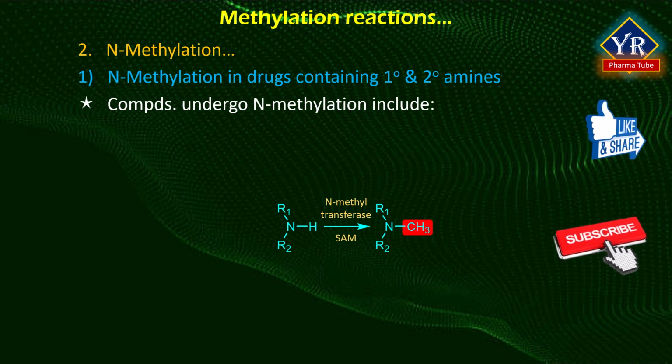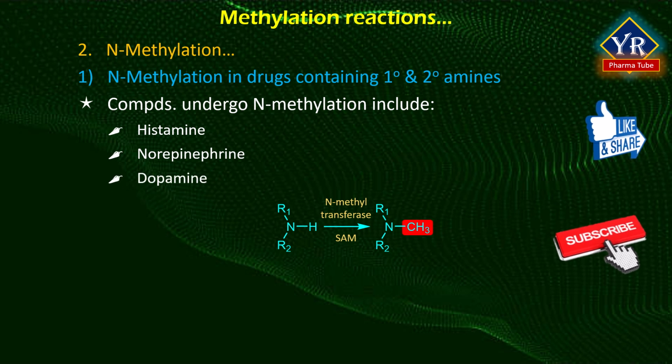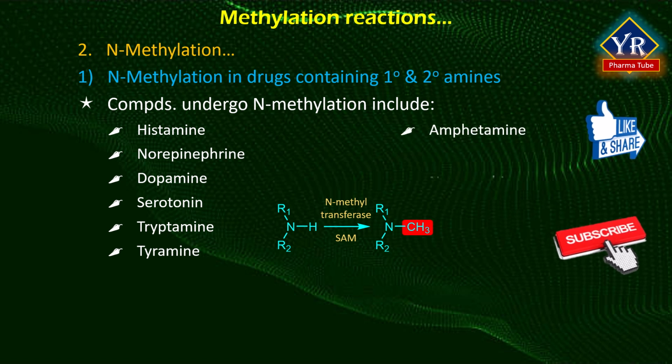Although N-methylation of endogenous amines such as histamine, norepinephrine, dopamine, serotonin, tryptamine, tyramine, etc., and drugs like amphetamine, normorphine, desmethylimipramine, etc., occurs commonly, biotransformation of nitrogen-containing xenobiotics to N-methylated metabolites occurs to only a limited extent.